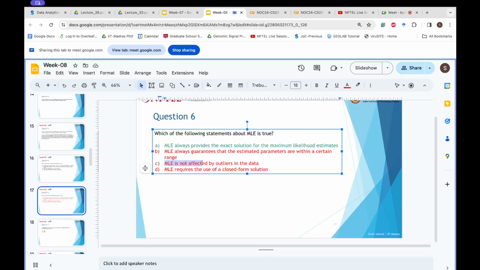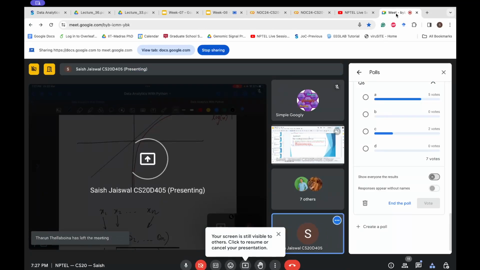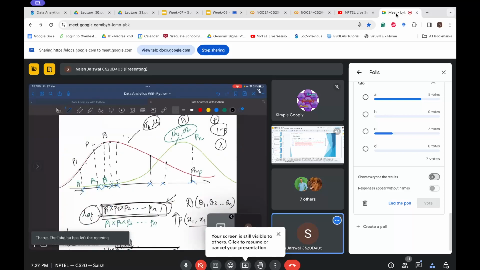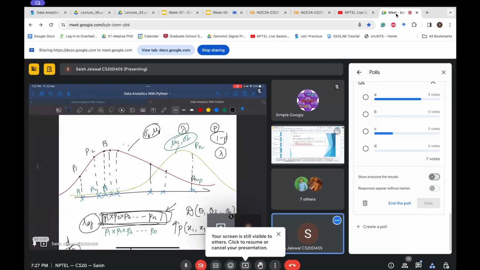Okay, MLE is not affected by outliers in the data. That is also not true. Let me show it on iPad. So in this case, you see that there is an outlier.